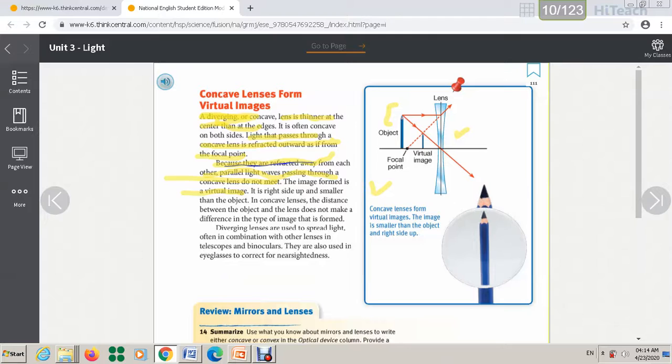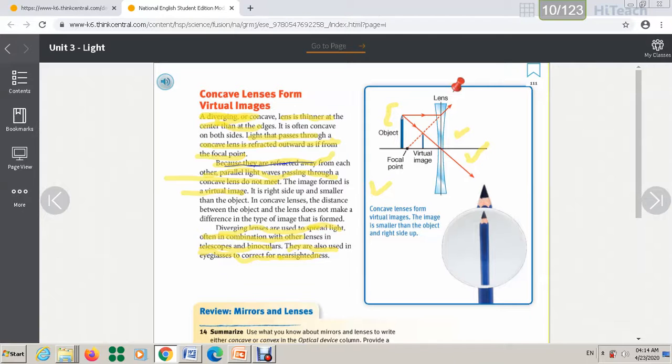This one is virtual. Diverging lenses are used to spread light. This part is very important, often in combination with other lenses in telescopes and binoculars. They are also used in eyeglasses to correct for nearsightedness. Okay, this one is very important, and you have to know the rays.